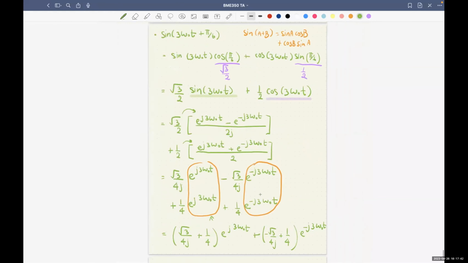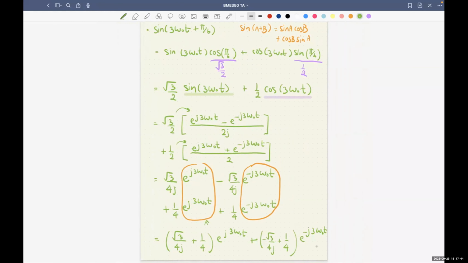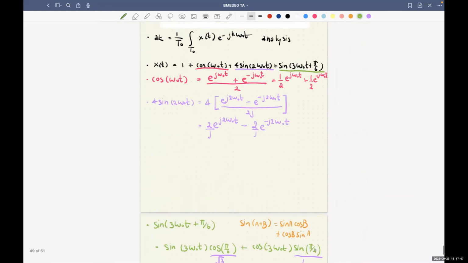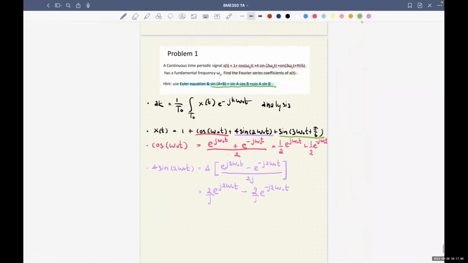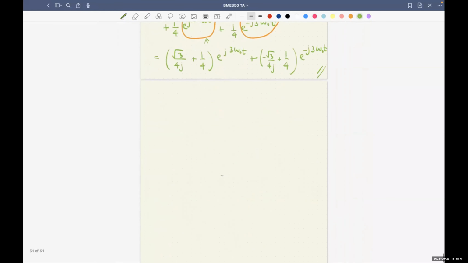Okay, so now we got our 3 terms already. So we got this term, and this one. Let's put all of them back together.